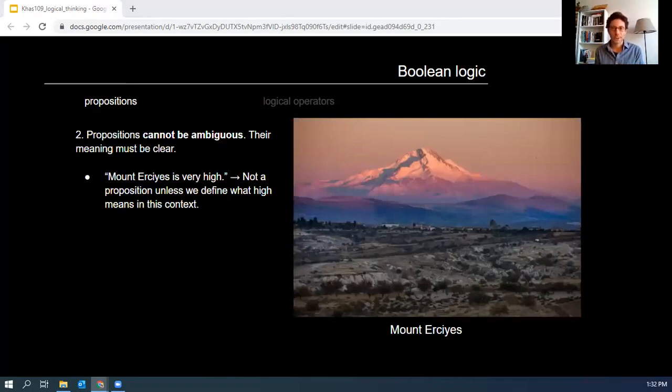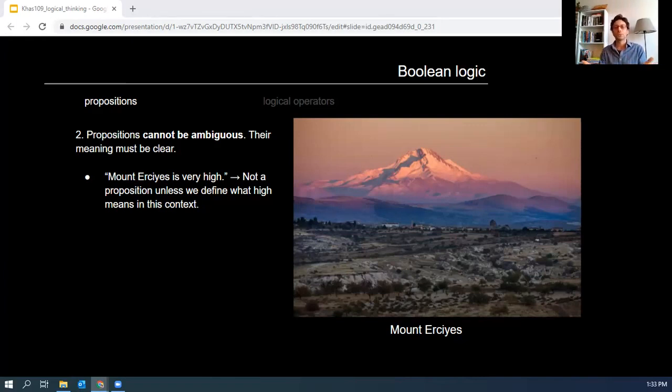Second attribute of propositions. Propositions cannot be ambiguous. Their meaning must be clear, okay? Look at this example. And this is a beautiful picture of Mount Erciyes, by the way, on the right-hand side. Look at this proposition. Mount Erciyes is very high. This is not a proposition unless we define what we mean by high in this context. High might mean something for me.